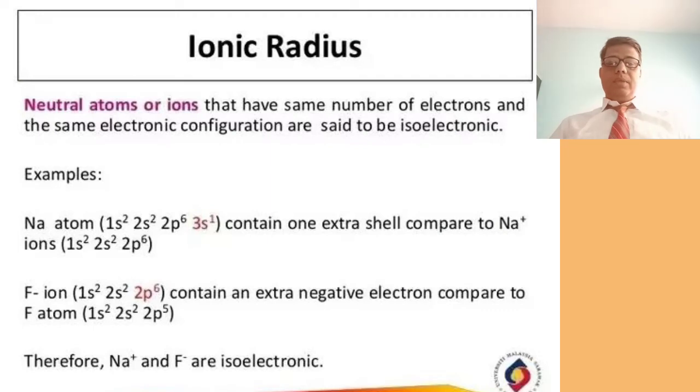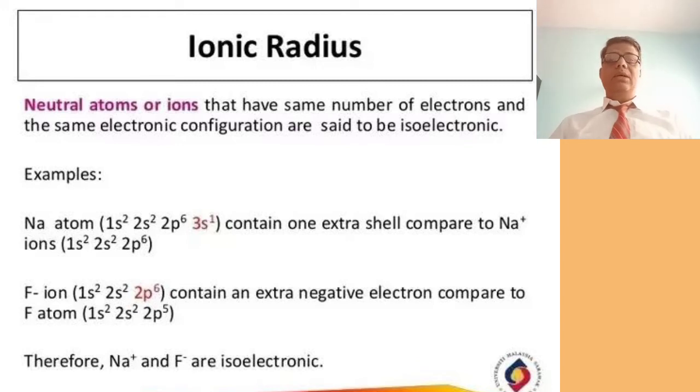Now students, we move to the last point. What are isoelectronic species, and what trends are shown by their radii? As we saw in chapter 4, isoelectronic species are atoms or ions containing the same number of electrons, that is, the same electronic configuration.